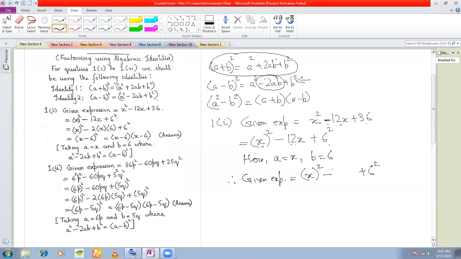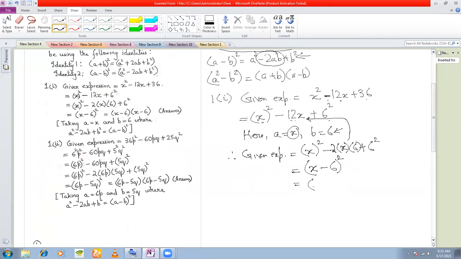Now we check for the middle one. Twice a here is x, so 2a. B here is 6. Are we getting 12x? Yes, we are getting 12x. So that means this is of the form a minus b whole square. A here is x, b here is 6. So x minus 6 whole square.